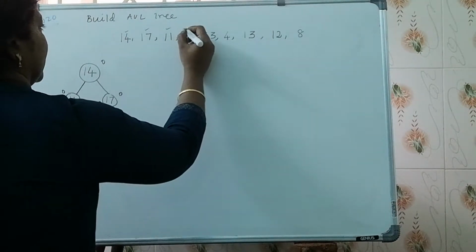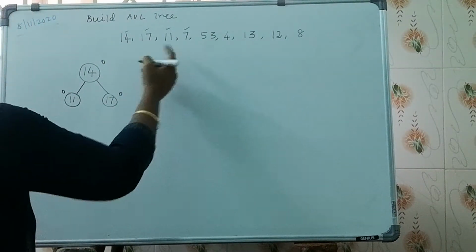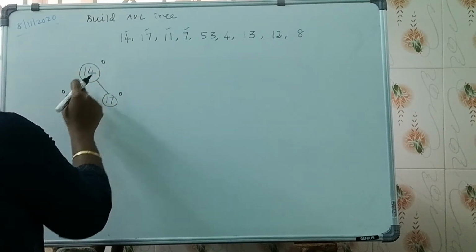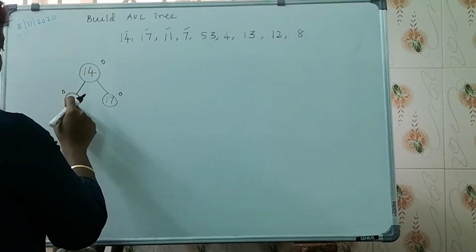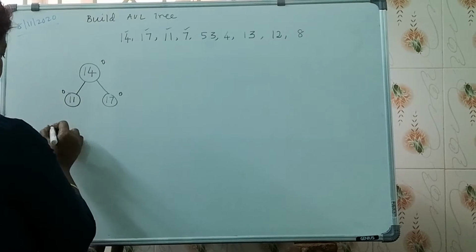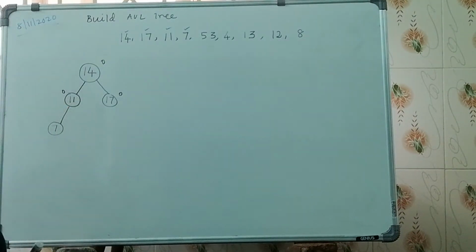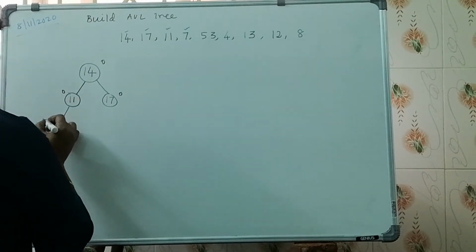Now let us take a new node, which is 7. Where does it go? 7 is lesser than 14. So 7 is lesser than 11. So now it has reached its right position. Now let us calculate the balance factor for this newly inserted node.